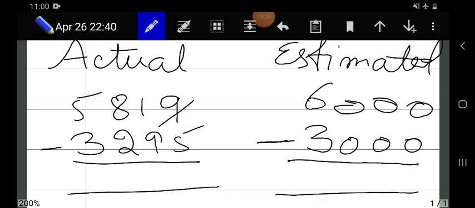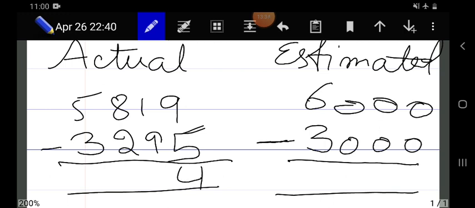9 minus 5 is 4. 1 minus 9, possible? No. So it will carry from its next number, that is 8, and it will become 7 and the 1 will become 11. 11 minus 9 is 2. 7 minus 2 is possible?